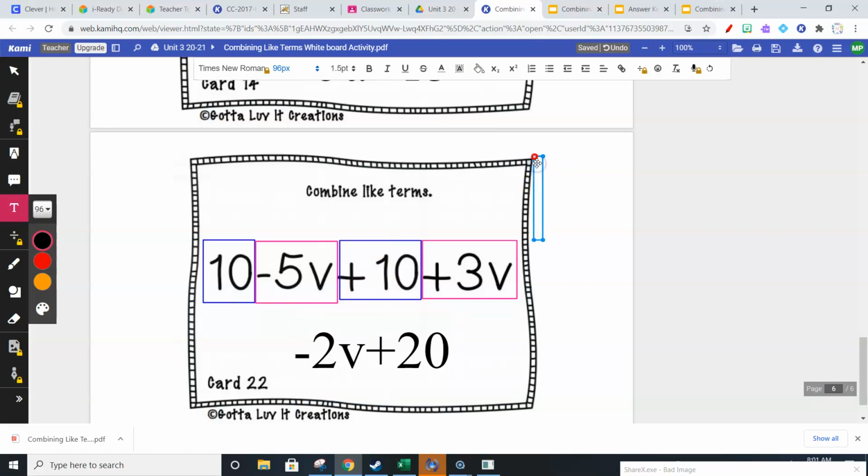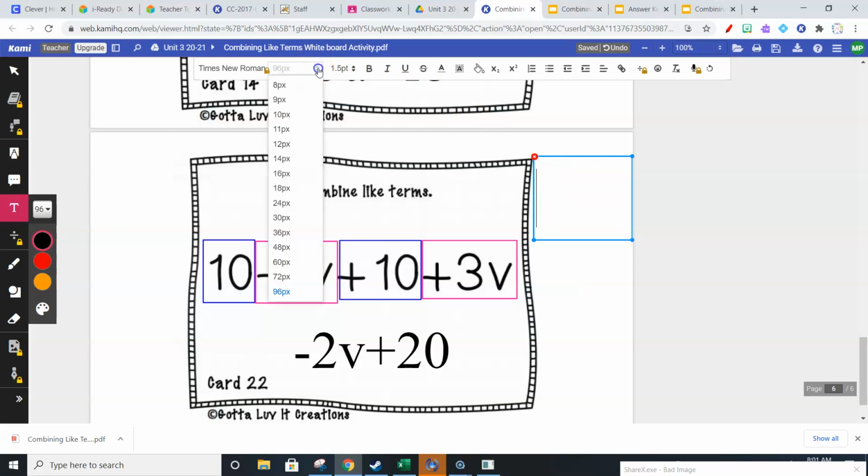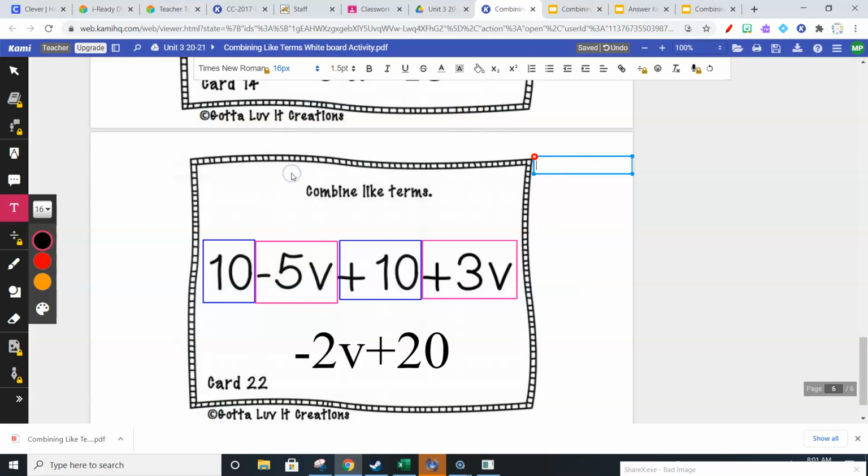And you can always, I did not make copies of that for y'all. So same, whoops, let's shrink that a little bit. We can take a little note. Same sign, add. Different sign, subtract. Keep the sign of the greater absolute value.